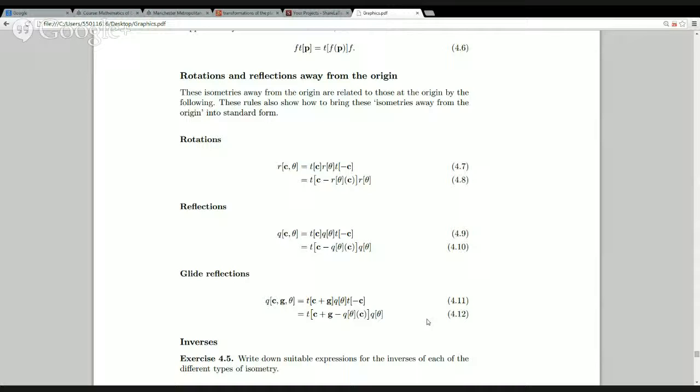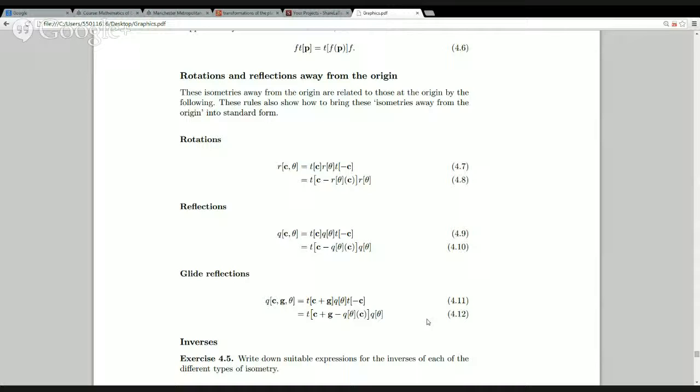How do you undo a reflection in a line? You have some line going through a certain point, C, and you reflect the whole plane in that line. How do you undo it? Well, you want to reflect it back, but that's just exactly the same operation. So a reflection is its own inverse.